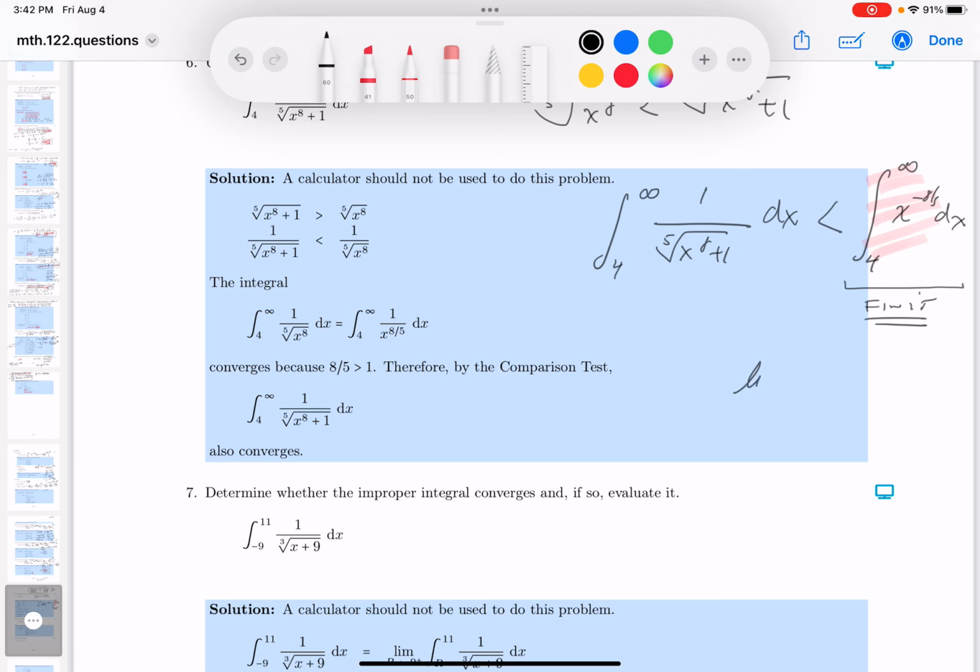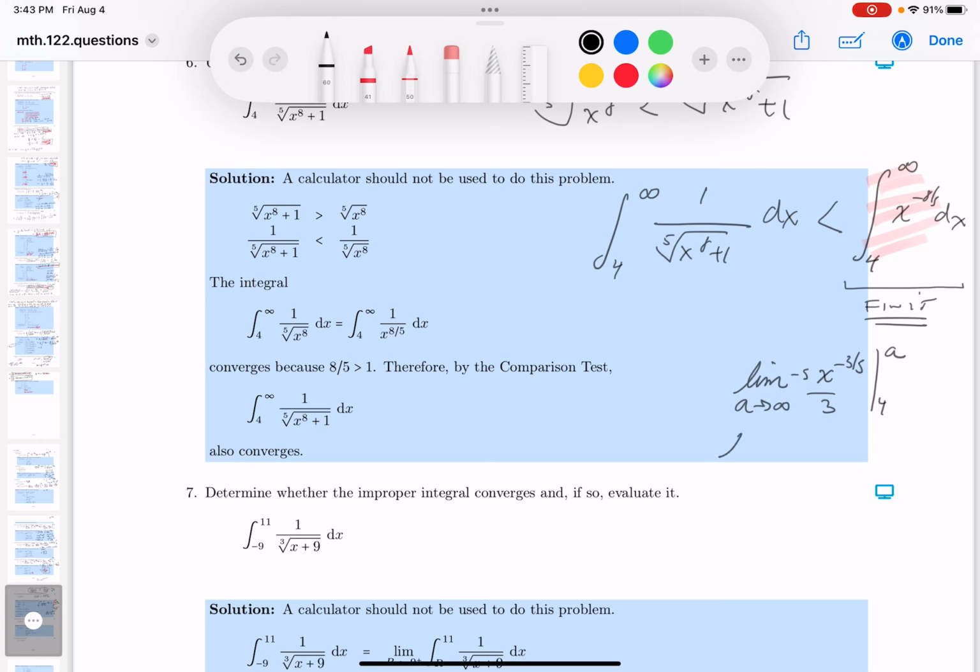The limit as a goes to infinity. Now I'm going to do some work in my head. I'm going to increase the exponent by 1, so minus 3/5. Then I'm going to divide by minus 3/5, or multiply by its reciprocal, minus 5/3, and we're going to go from 4 to a.